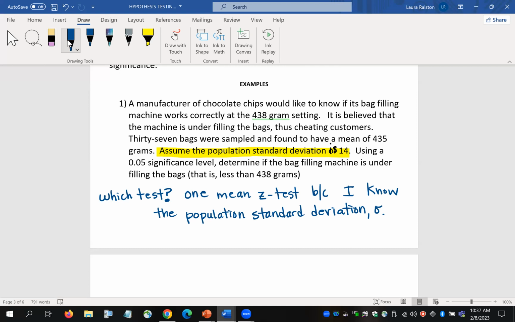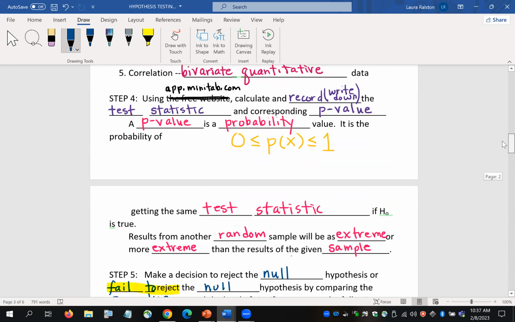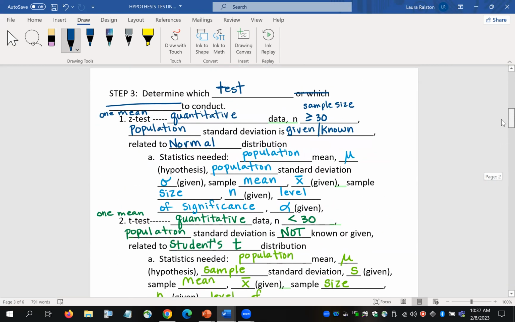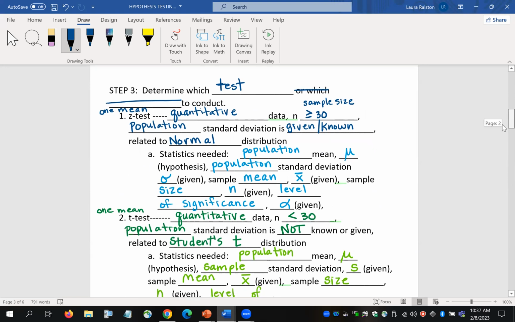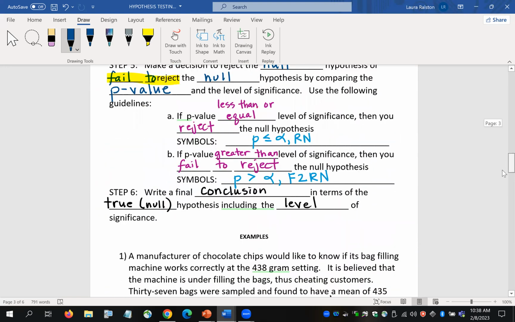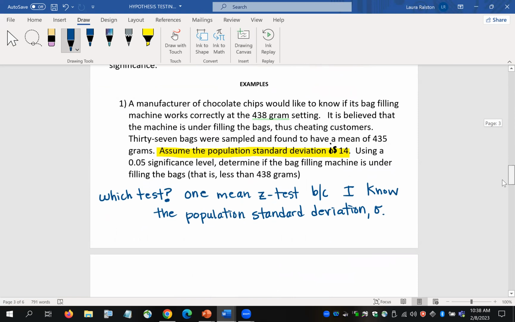Identifying which test to do also identifies what information I need in order to work the problem. Again, in step 3, you need the population mean, the population standard deviation, the sample mean, the sample size, and the level of significance. All of that should be given in the problem.